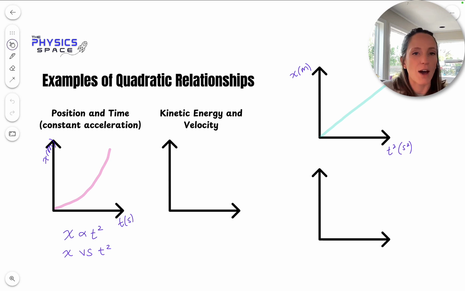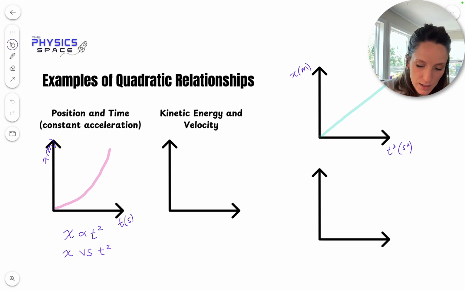Okay, so see how coming up with this proportionality is going to help you. It's kind of like the direct line to your linearized graph. This also happens, so say we're graphing kinetic energy and velocity.